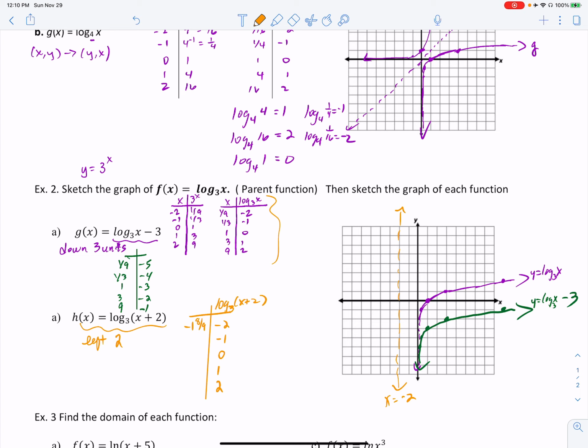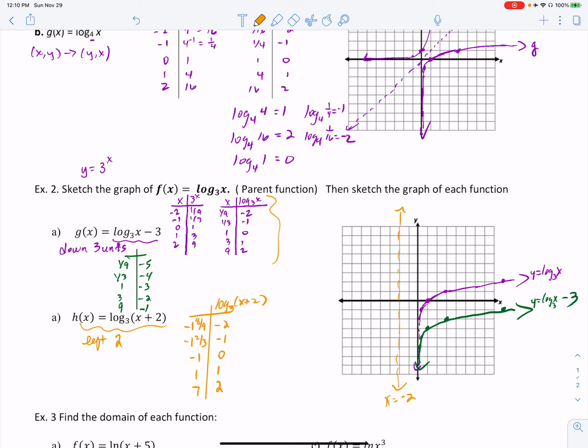And 1/3 minus 2 is -1 and 2/3. And 1 minus 2 is -1. 3 minus 2 is 1. And 9 minus 2 is 7.